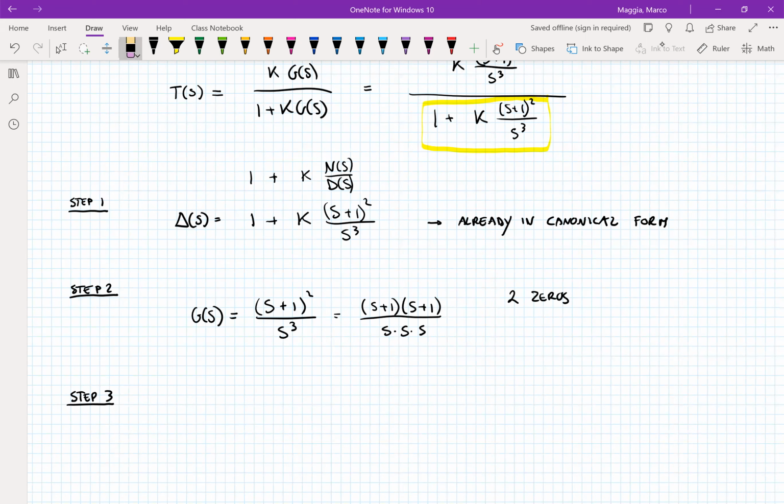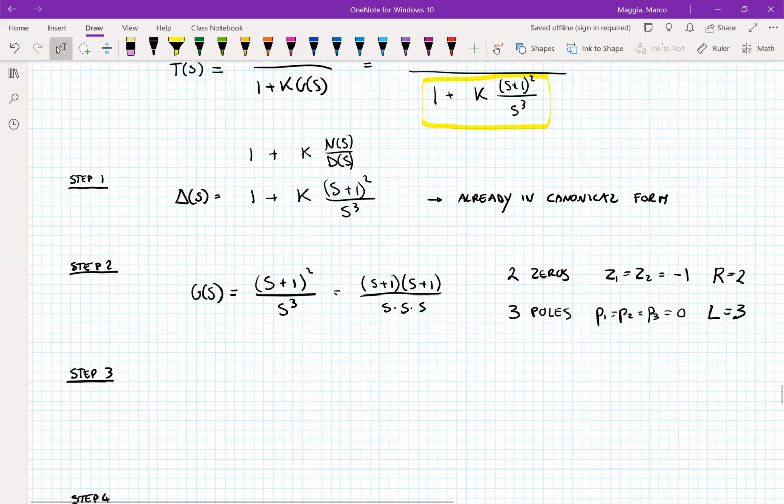Sorry, let me just use z. So z1 is equal to z2, and they're both equal to -1. We have -1 with multiplicity equal 2, so r is equal to 2, and we have 3 open loop poles at the origin, so they also all coincide and they're equal to 0, with multiplicity equal 3, and L is equal to 3.